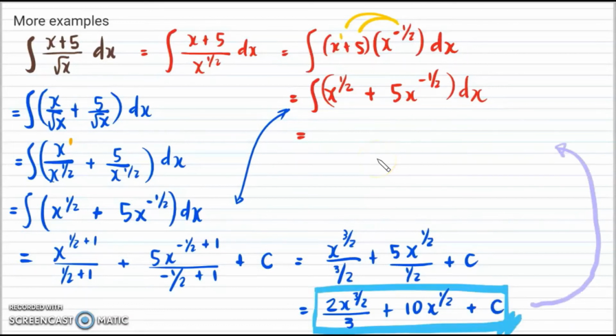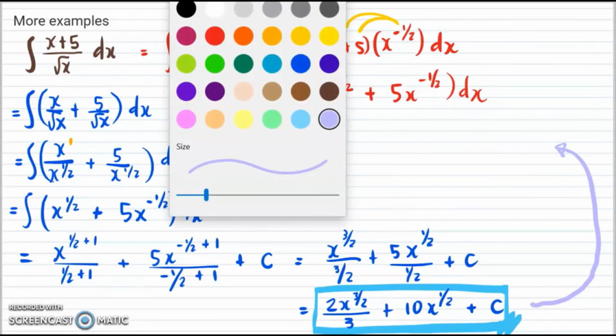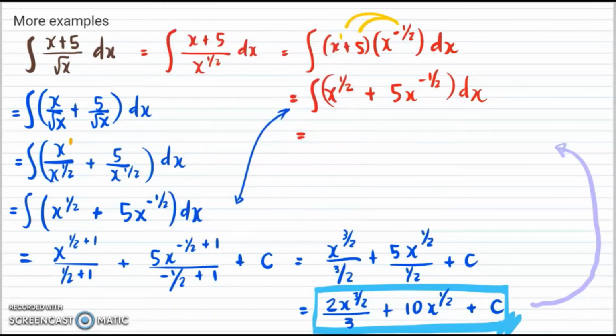But if you want to bring back the radical, since the original given has a radical, you can actually do so. We can just write this as 2. Since 3/2 is bigger than the denominator 2, we can write that as 2x times x raised to 1/2, right? Because if we multiply this x by x raised to 1/2, that's x raised to 3/2.